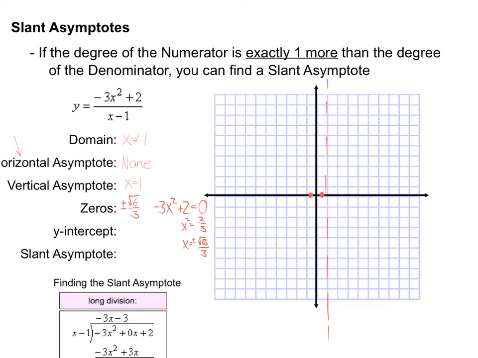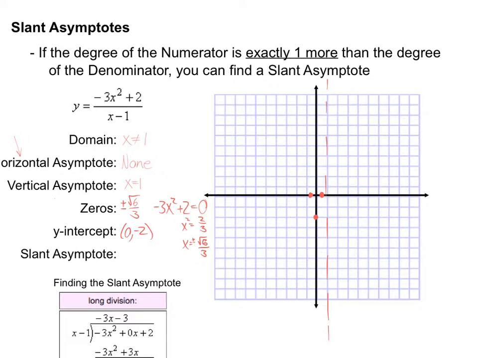All right, and what do we get here if we set x equal to 0? Negative 2. That's right. It's 2 over negative 1, so negative 2. So our y-intercept is the point (0, negative 2). I'm going to put that on my graph right here. Now I have some points that'll help me.